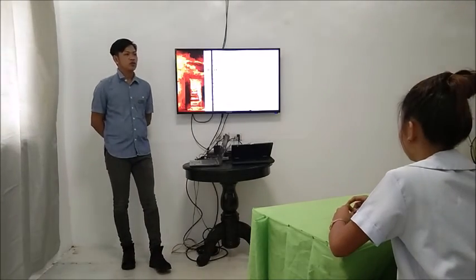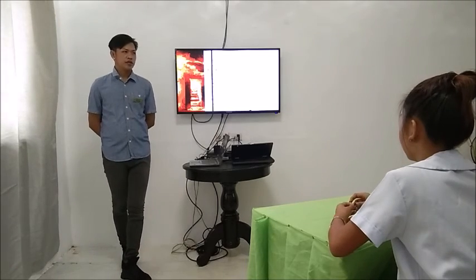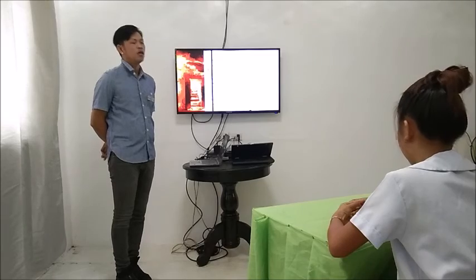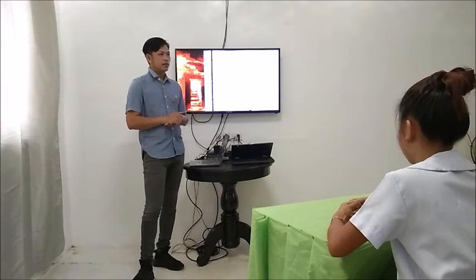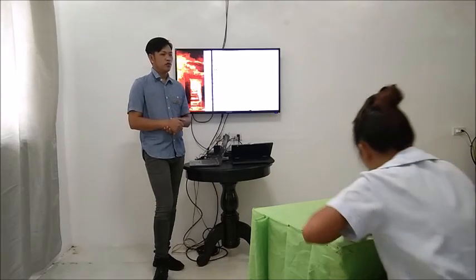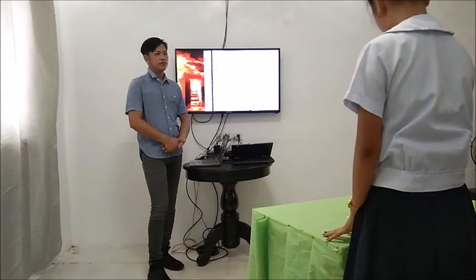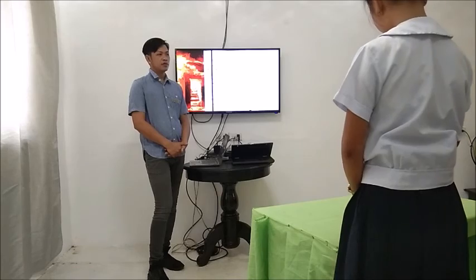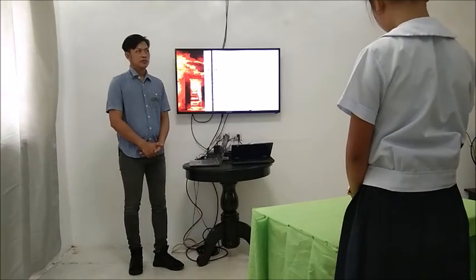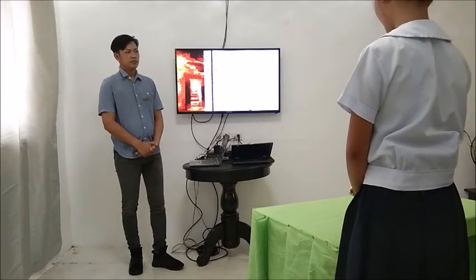Okay. So why is it that both employees and employers have the duty to enforce OSH standards in the workplace? For what reason? Sir, because employees and employers need to work hand in hand in terms of safety in the workplace.